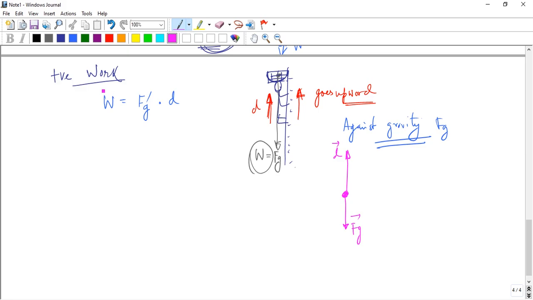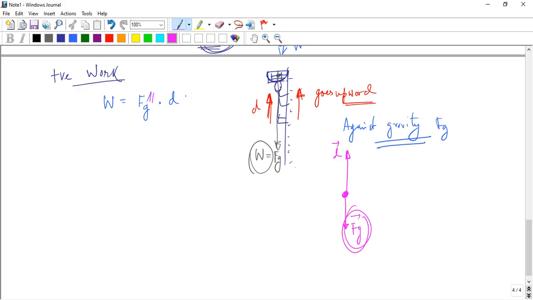The person overcomes this gravitation force and goes upward. From Newton's third law, the magnitudes are the same, but they are in different directions.